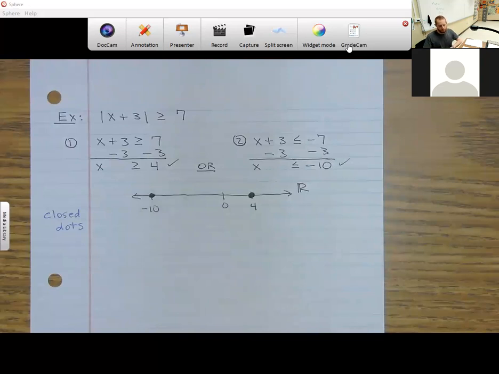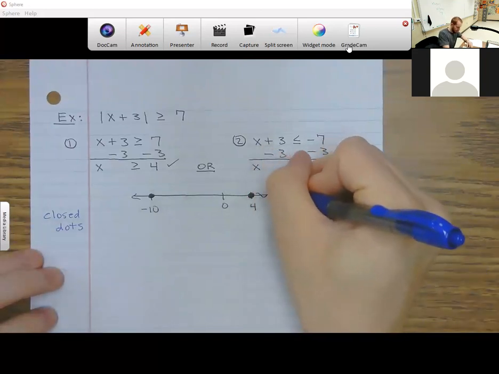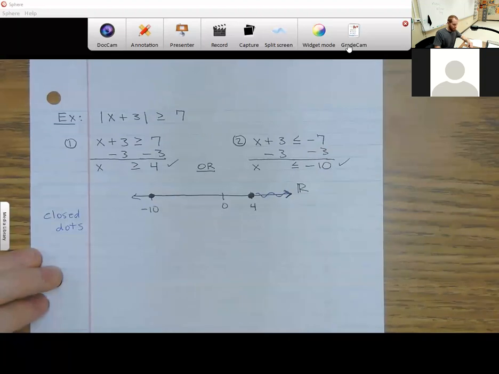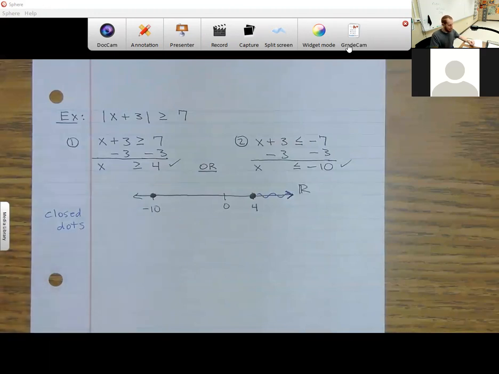But we're going to be shading to the right regardless. So I grab my blue pen and we're going to shade to the right. And when I get to the end, I'm going to shade this arrow a little bit so it's kind of bold. There we go. So we're shading to the right. And that's just because X is greater than or equal to 4.